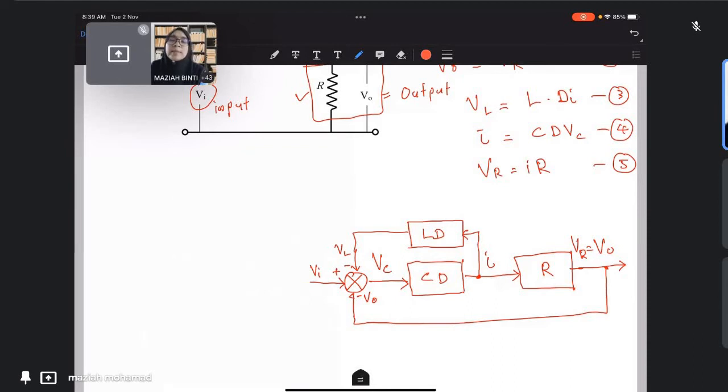The systems that we have learned are mechanical translational system, mechanical rotational system, together with leverage and gear system. And then we have liquid level system, thermal system, and electrical system. So by now you should be able to draw a block diagram.